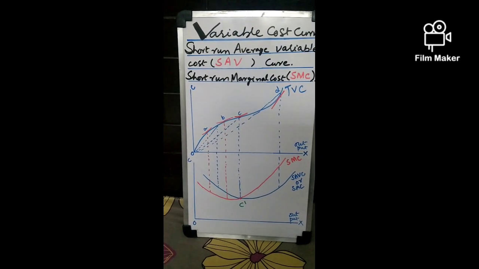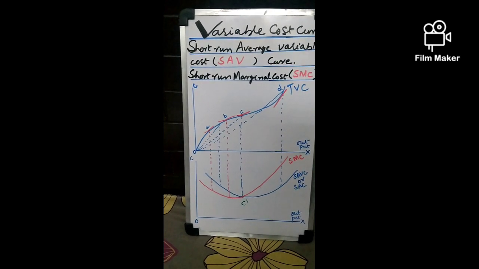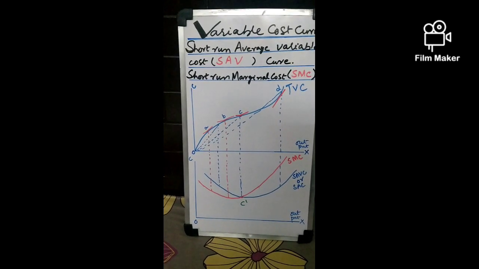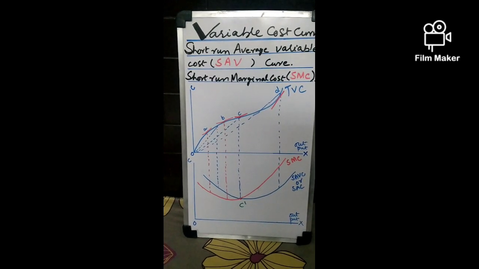In the lower part of the figure, we have drawn the short run average variable cost, or SAVC, and the short run marginal cost curves. Now how do we derive the short run average variable cost curve?